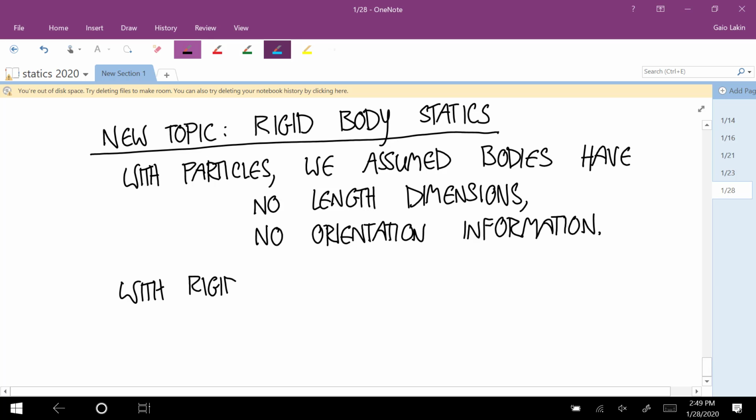So with rigid bodies, we'll have both of those.